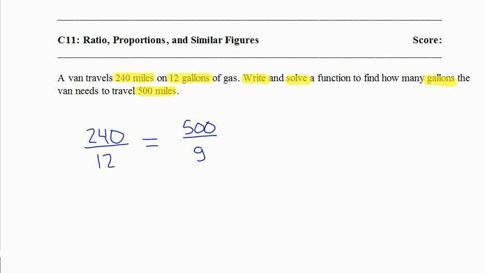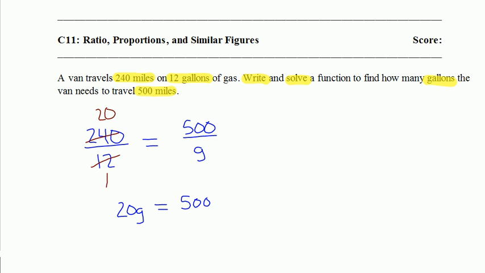I notice that my 240 and 12 can reduce. 12 goes into itself 1 time, and 12 goes into 240 20 times. That'll make it a little easier when I cross multiply. I get 20 times G equals 1 times 500.